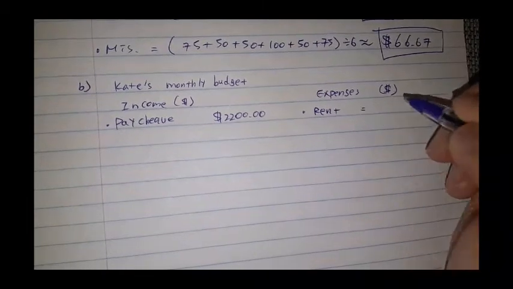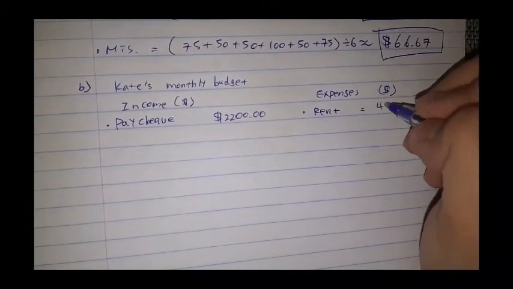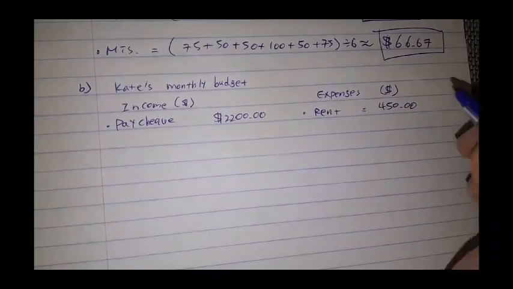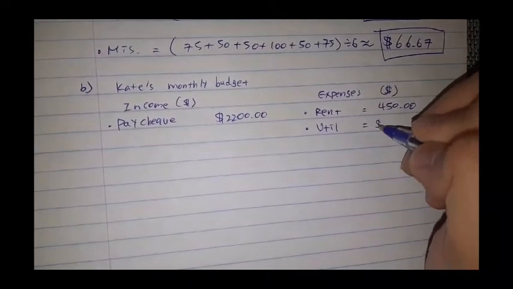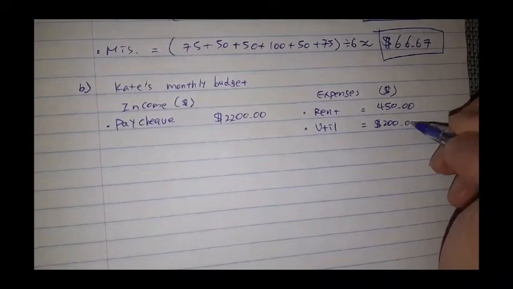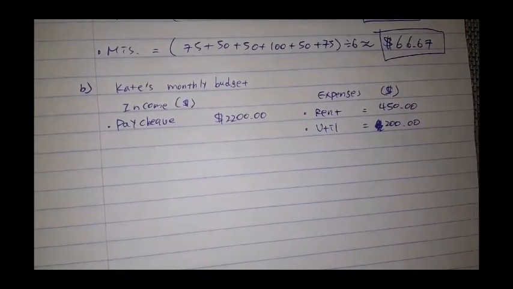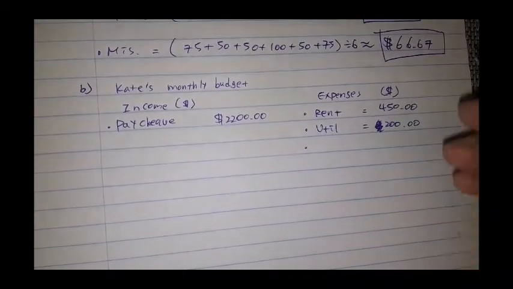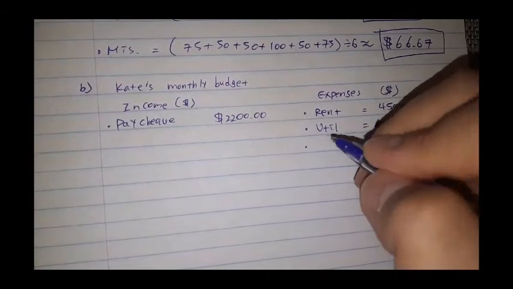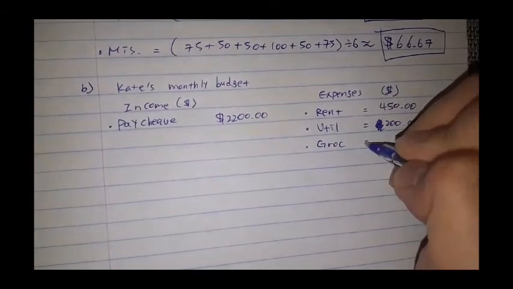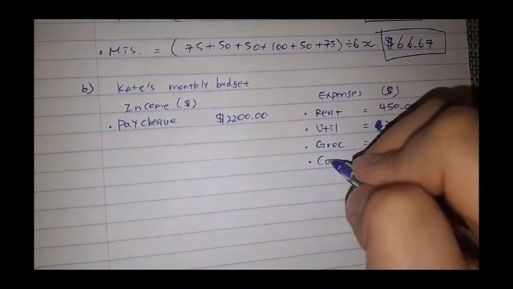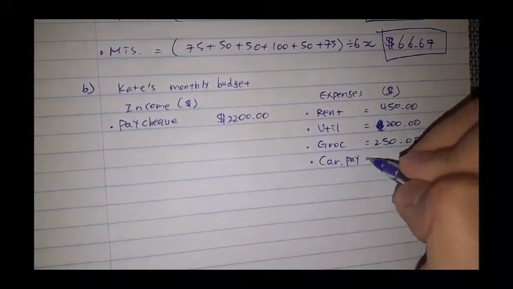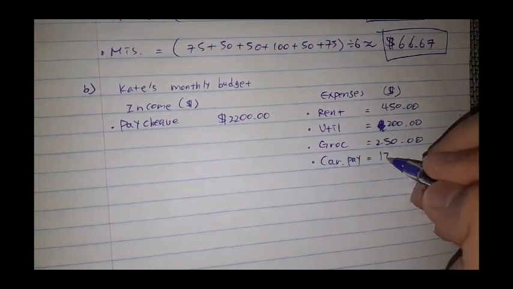Rent, however, you don't need to do all the questions. We just copy from the previous one. 450. Utility, 200. Oops, you don't need to put dollar sign since I put it on the top. But if you want to put dollar sign for everything, that is your choice. Grocery was 250. Car payment, not car insurance, that was 175.